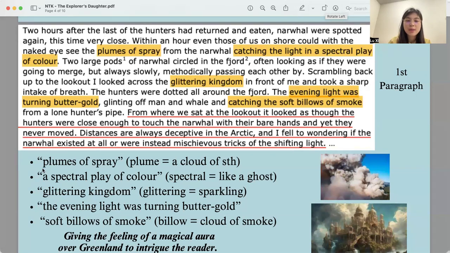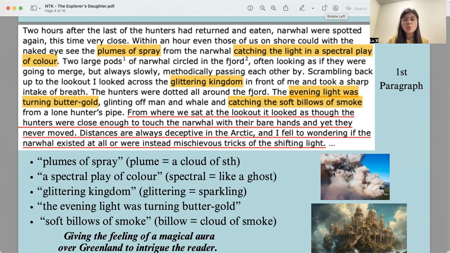So what is plumes of spray? This is a picture telling us what plumes of spray is. Basically, plume means a cloud of something. Just imagine an area where you can see these huge plumes of spray, of smoke rising up to the sky.